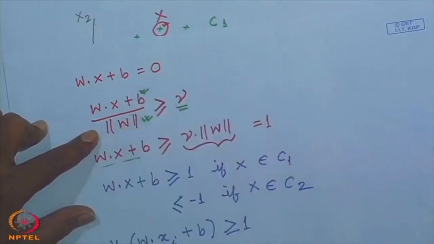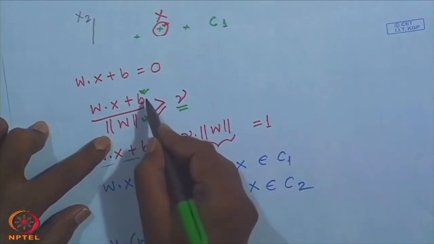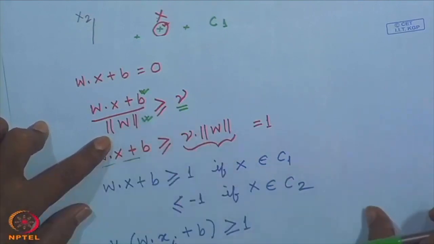So when I try to get this support vector machine, I will try to minimize this w, and simultaneously I want to maximize this b.